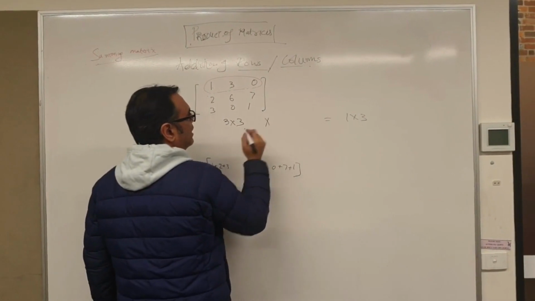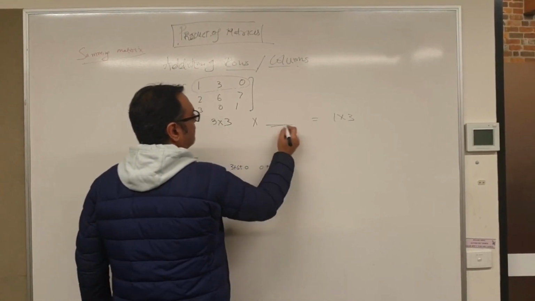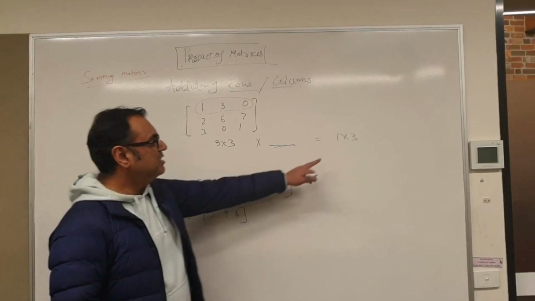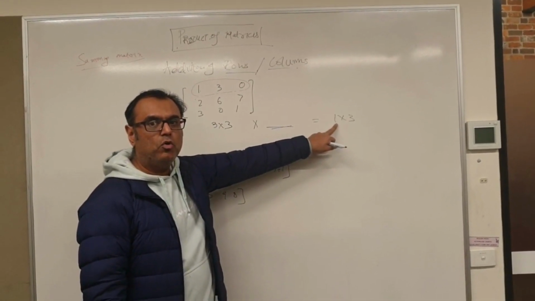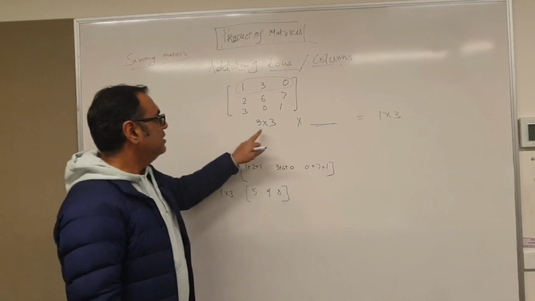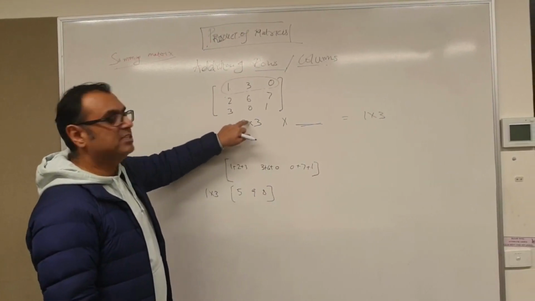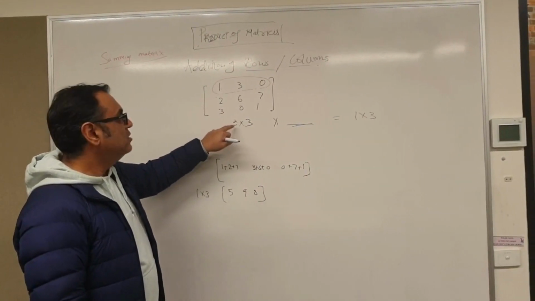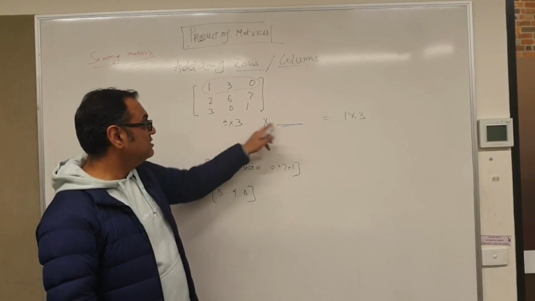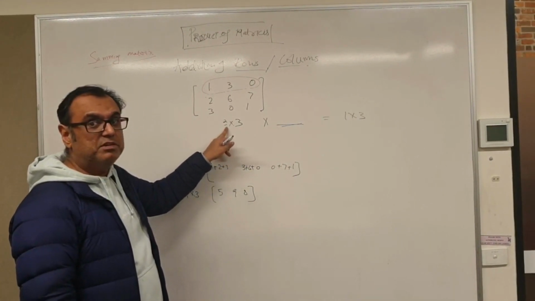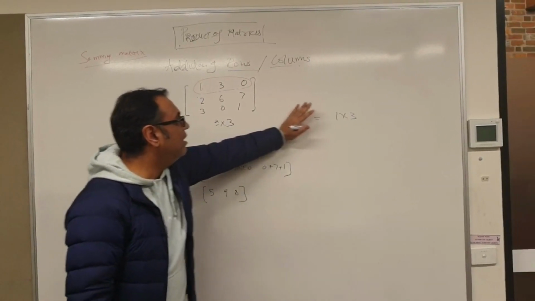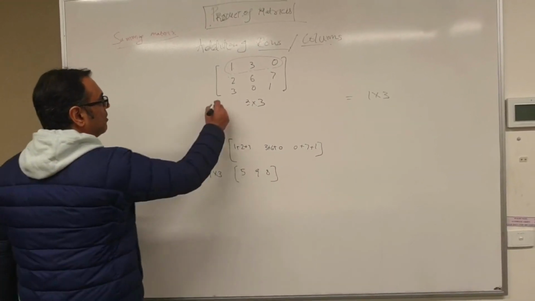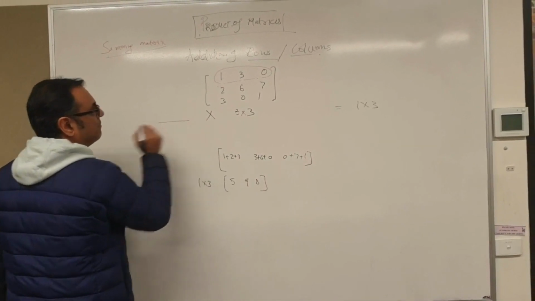If I multiply this matrix with something, is there a chance on earth that I land on one row only? This number decides the number of rows. So if I multiply this matrix with something, the number of rows of the resultant matrix will be 3, not 1. So that means I cannot multiply here. I have to multiply something here.